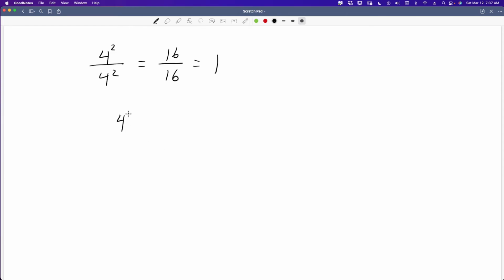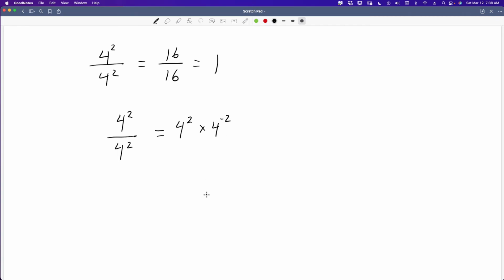If you have 4 squared over 4 squared, and we take this exponent, this denominator, we flip it to the top, that becomes 4 to the 2 times 4 to the negative 2, right?